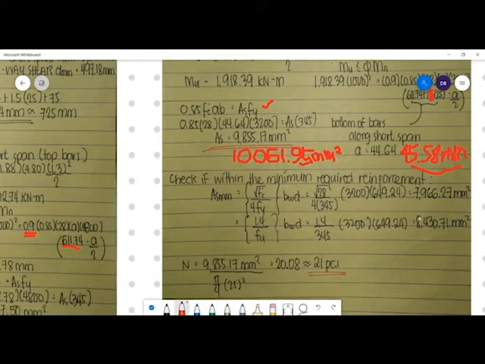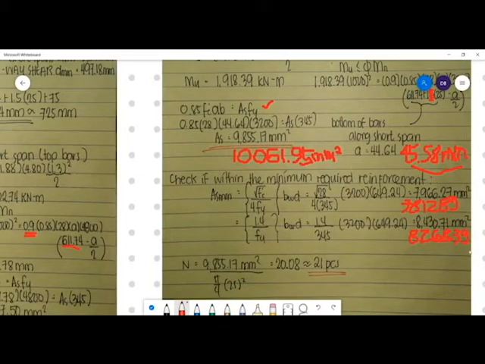This should be the minimum As, smaller than expected, no, 7,812.89. And then if we use 1.4 over fy, 8,268.39.